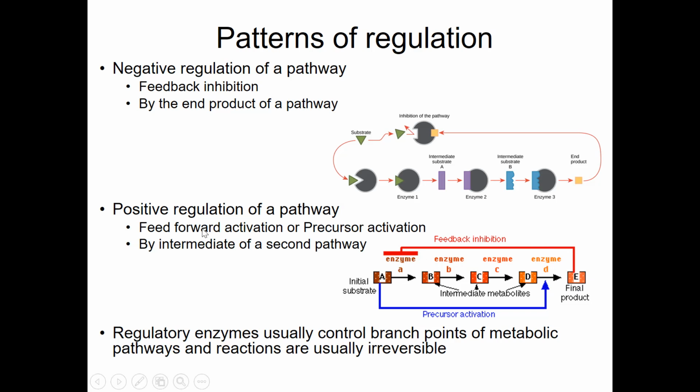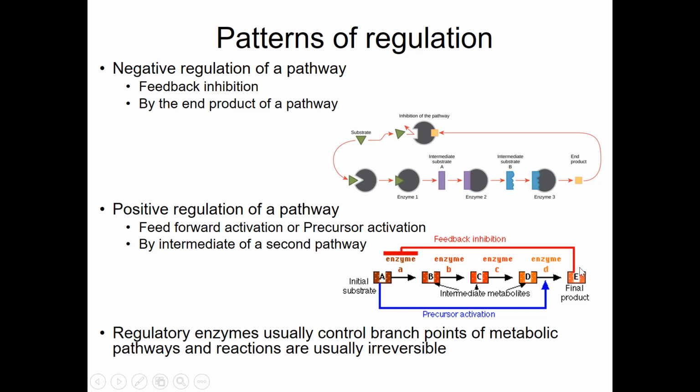However, feed-forward activation or precursor activation is where a substrate or an intermediate earlier in the pathway can then activate an enzyme downstream in the pathway. So in this case, A is going to come and bind to enzyme D, activating enzyme D, allowing it to bind to substrate D and convert it to final product E.